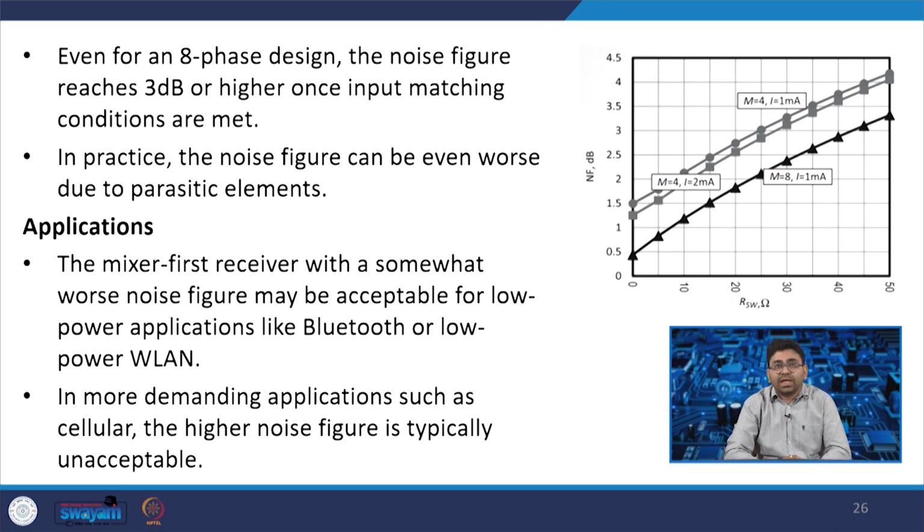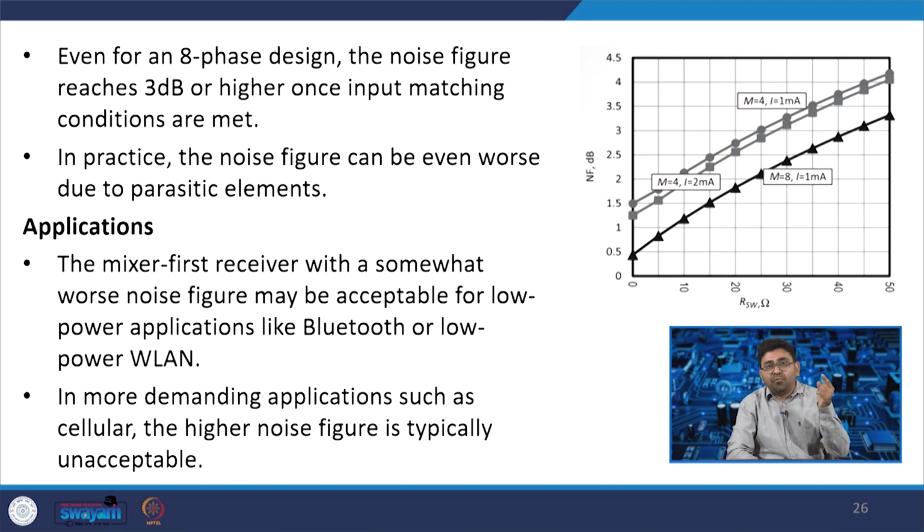So, even if we try to plot this noise factor, and if we try to plot the noise figure, then for m equal to 8 and current of 1 milliampere, it can be plotted for different switch resistance R switch, which is starting from 0 to 50 dB.